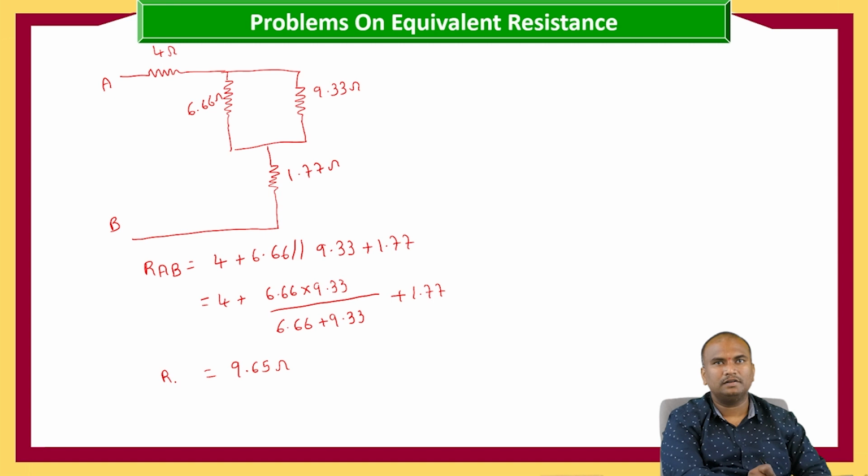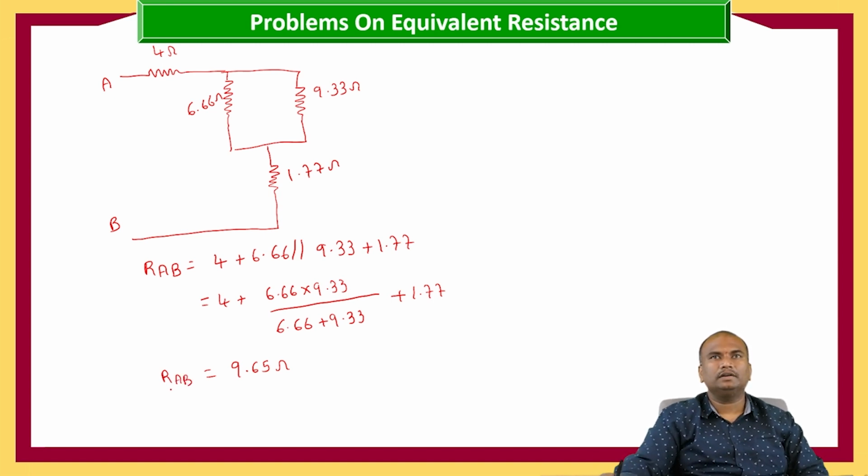This is the RAB value. This is the way we can go with the delta to star transformation problem. And by using this, we can easily calculate the equivalent resistance for typical circuit.